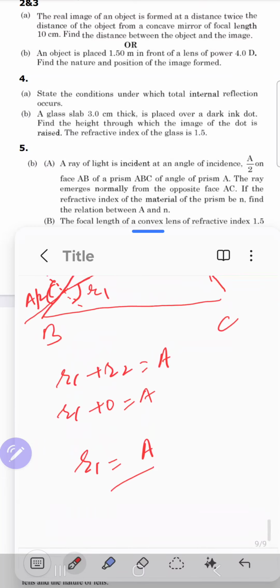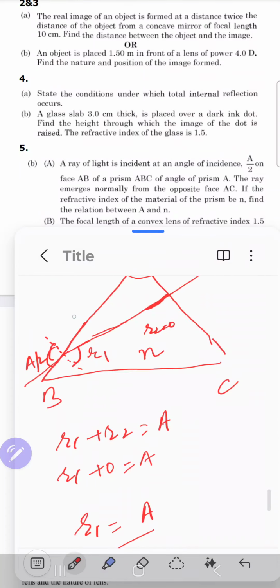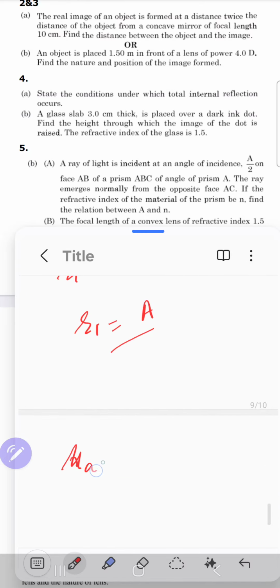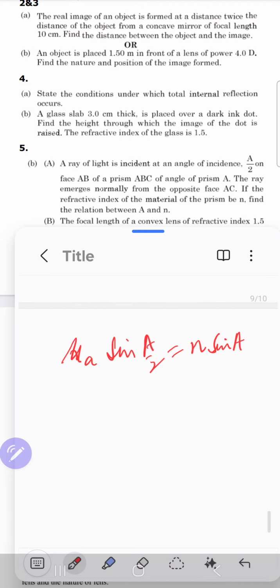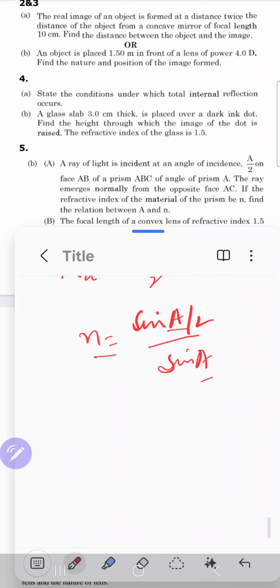If you apply Snell's law at this point, you will be able to find the relation between the refractive index and the angle of prism. Here you have air, and this is the refractive index n of this medium, so we can write refractive index of air times sine of A by 2 equals refractive index of the medium times sine A. So n is equal to sine A by 2 over sine A. Here you can see A and n are appearing.